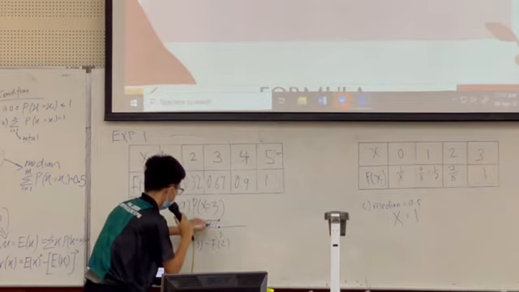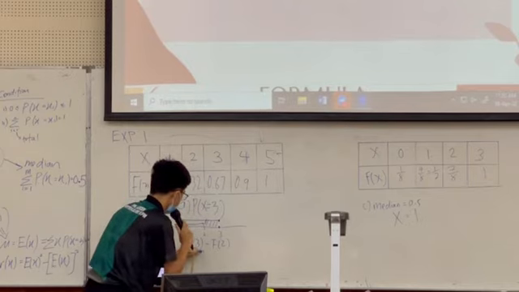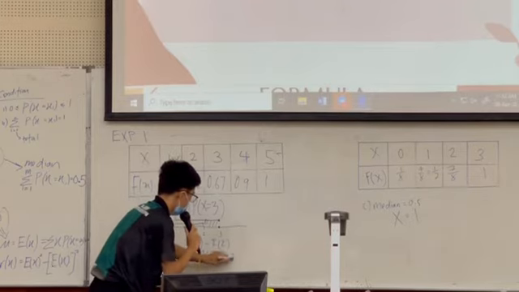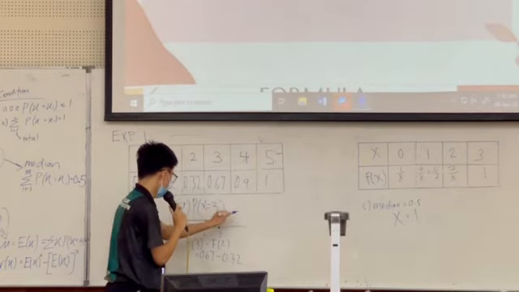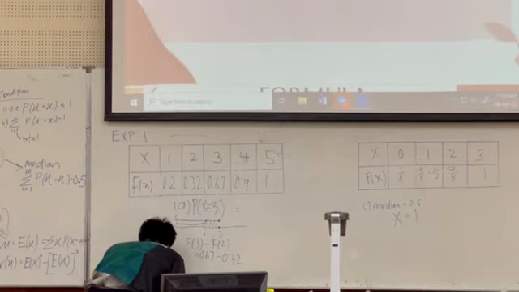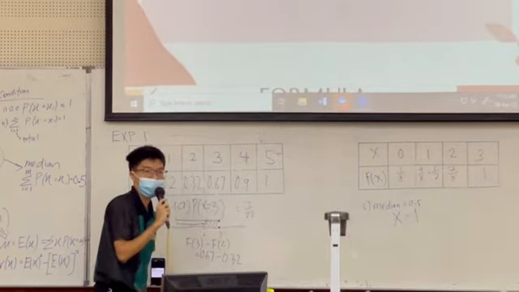So what is it? 0.67 minus 0.32. So it will equal 7/20. This is the first question.